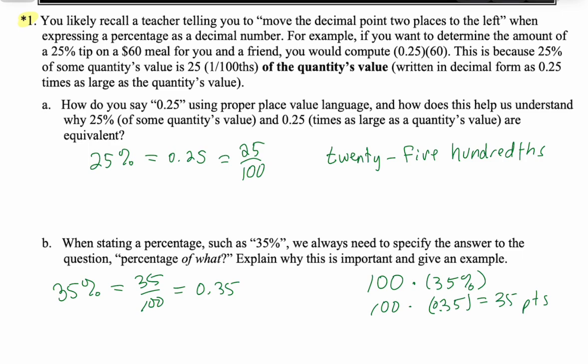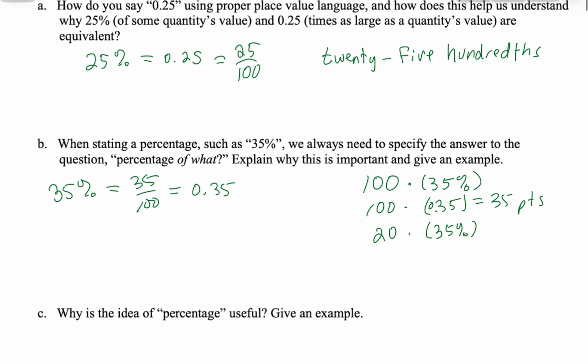But let's think if it was only a quiz that was worth 20 points. If we do 20 times 35% or 0.35, then that is equal to 7 points.